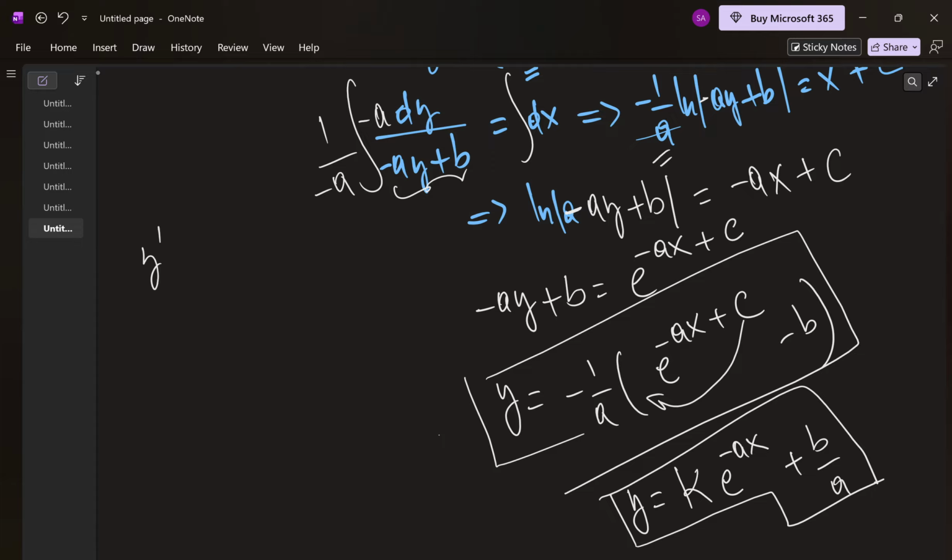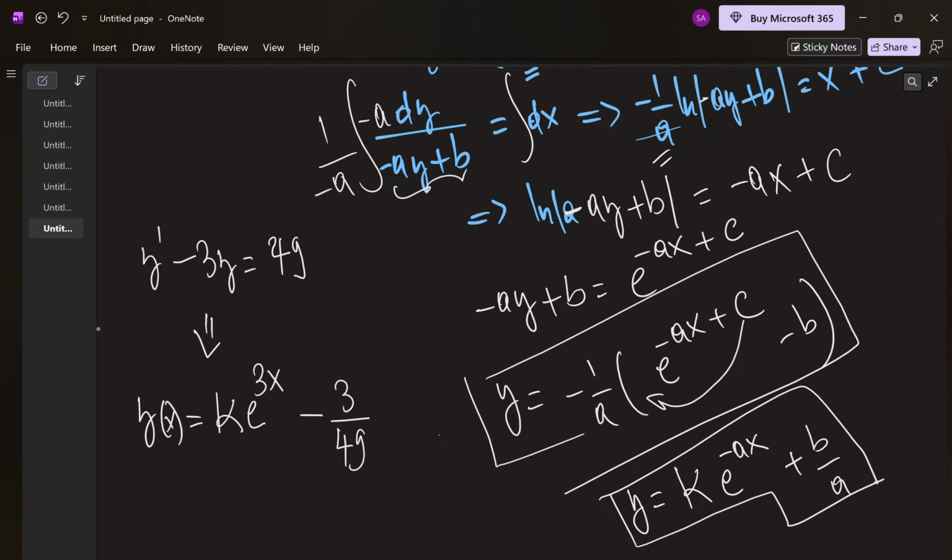Okay, so if you have a and b as constants, so if you have an equation like this, y prime minus 3y is equal to 49, for example, the solution will be, without any steps, y of x is equal to some constant k exponential of 3x, plus b over a. b is 49, so it is minus 49 over 3.